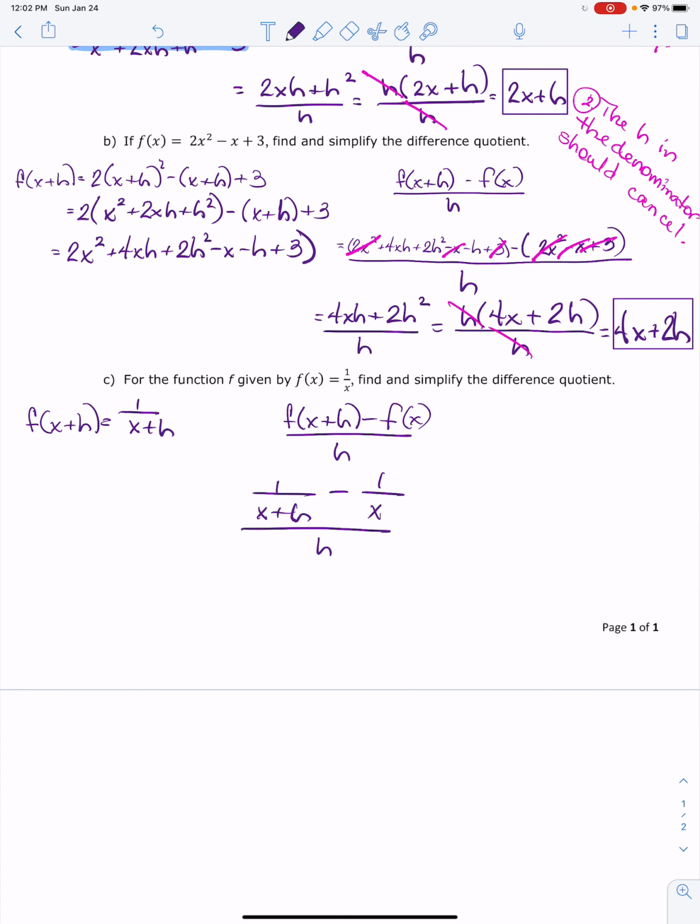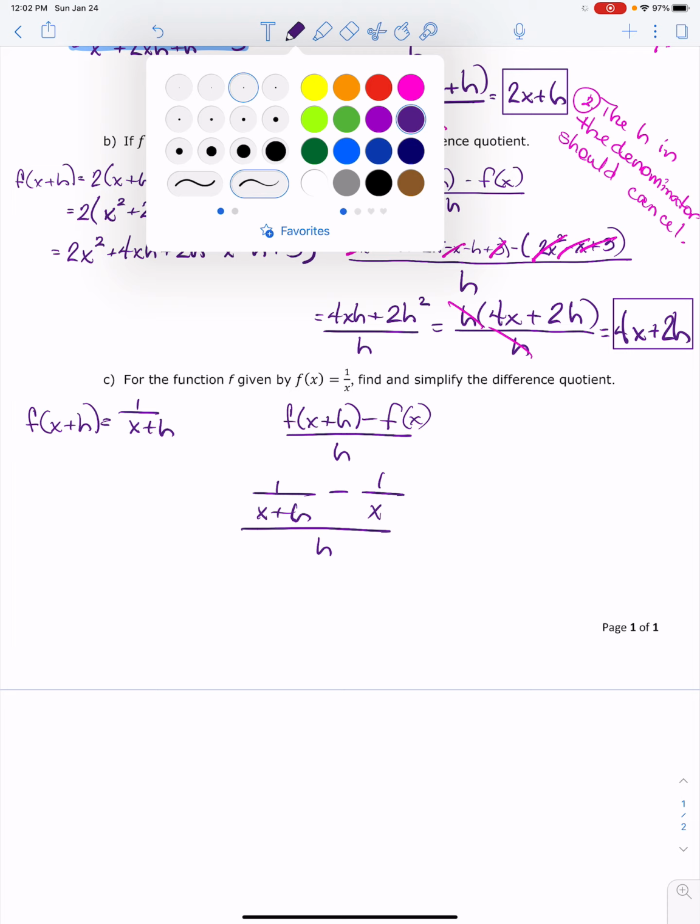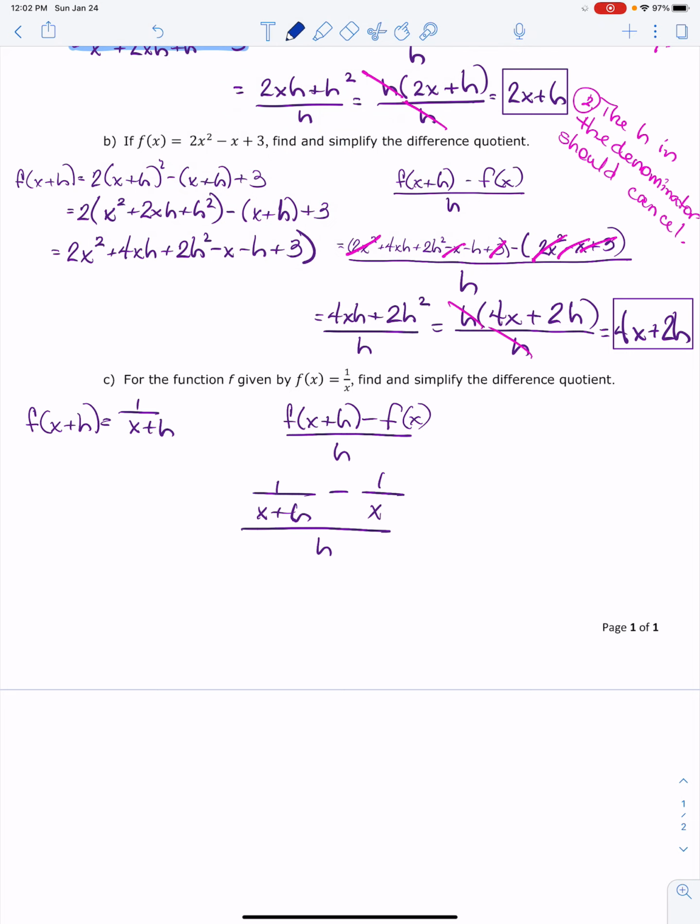And here comes the piece that we're not so used to. We don't do that a whole lot. I want to eliminate the denominators in my numerator. So I am going to multiply by x plus h. So I got to multiply down here by x plus h. I'm also going to multiply up here by x and down here by x.